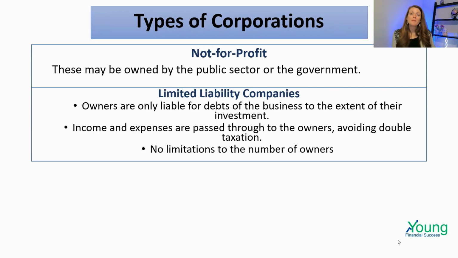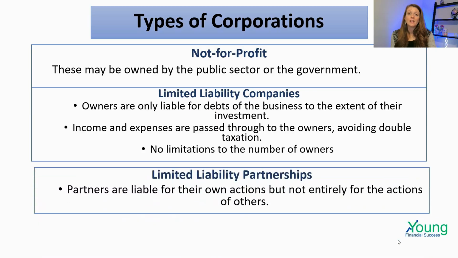Income and expenses are passed through directly to the owners, which prevents the double taxation when you do an LLC. And there's no limit on how many owners you can have. So that's another big advantage with an LLC. You see a lot of small companies and some big companies that choose to do LLCs for that reason.